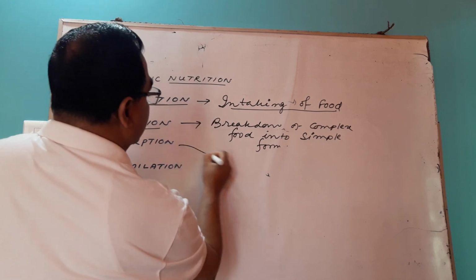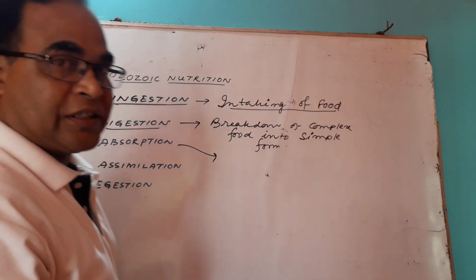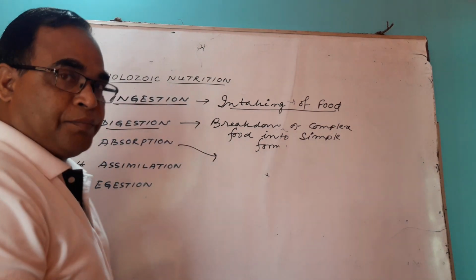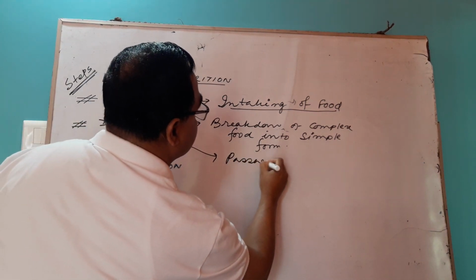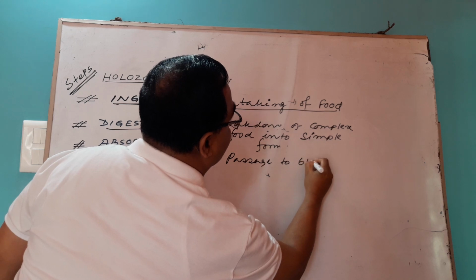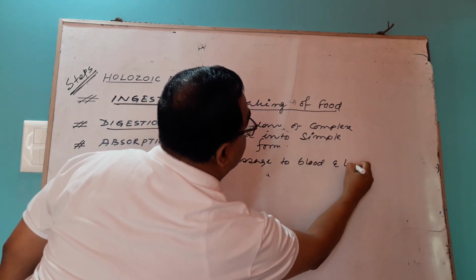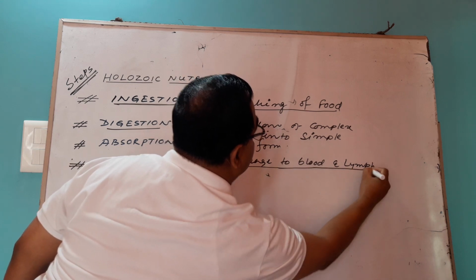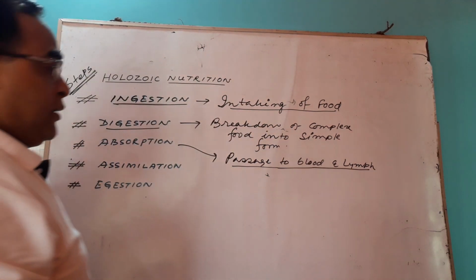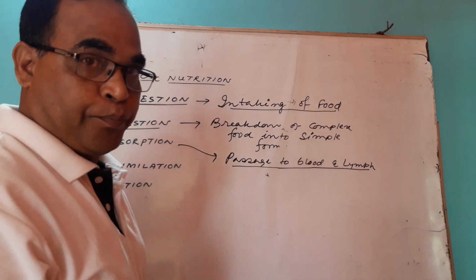Next is absorption. What is absorption? Once the food is digested and becomes simple, it passes to the blood and lymph. This is called absorption.